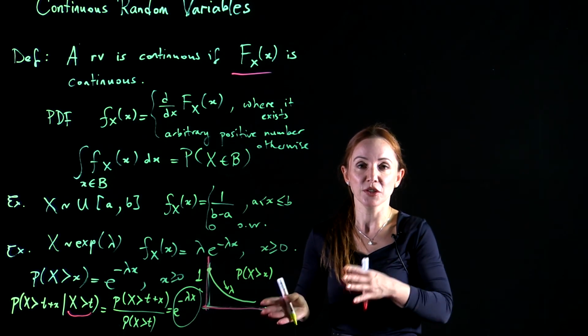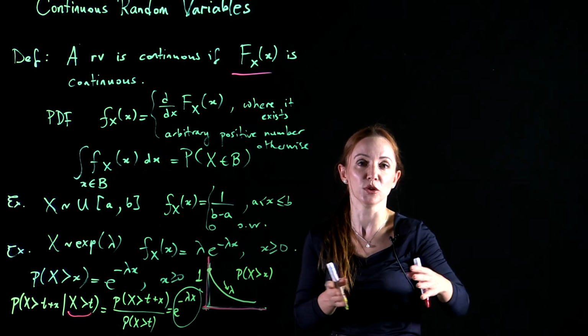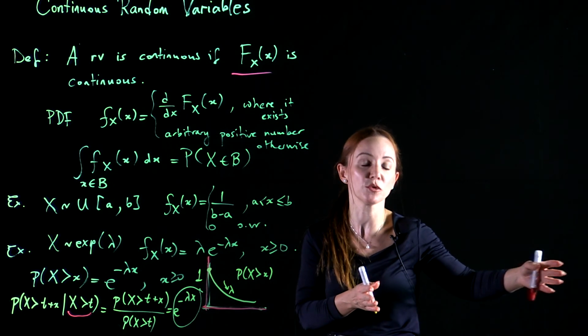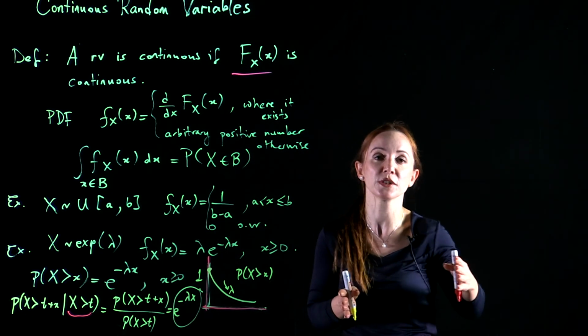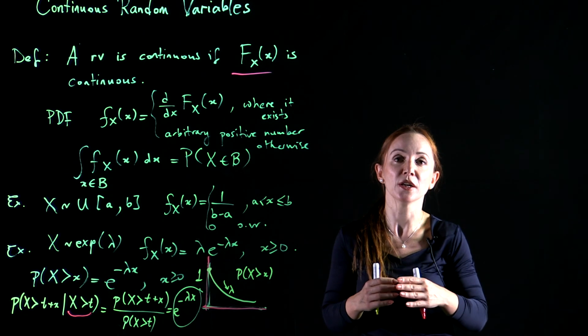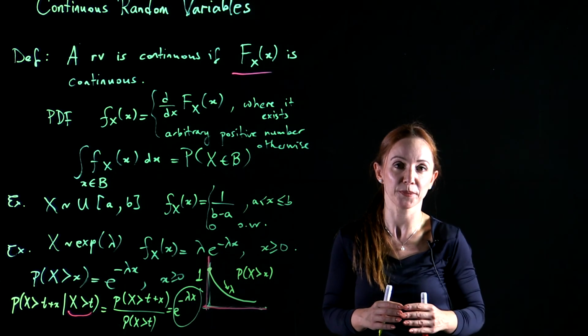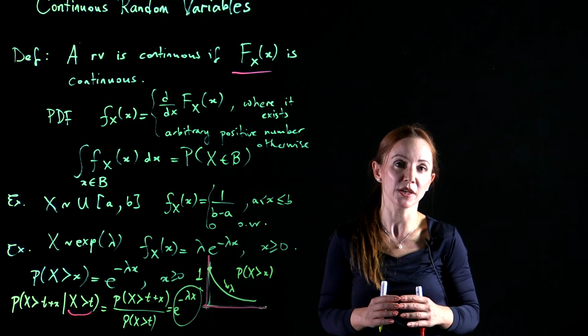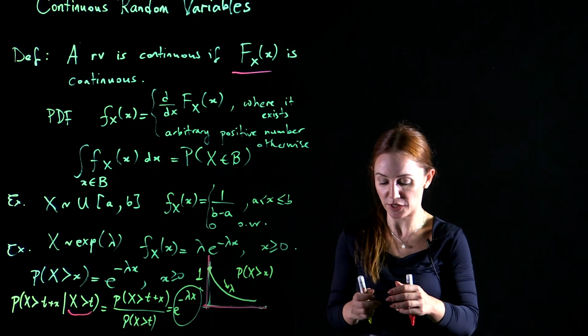But the results of previous trials do not influence how many more trials we're going to do. How many failures we've had so far has no influence on when the first success is going to happen. So the geometric is the discrete counterpart of the exponential.